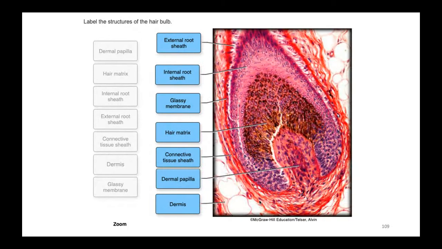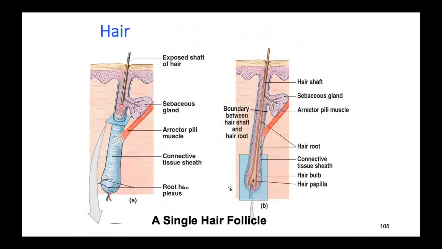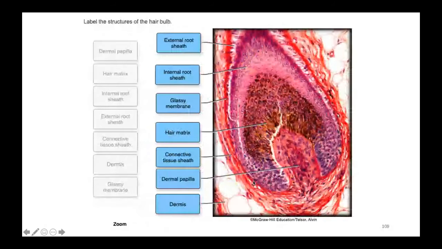Now, if we go back, in this view here, we're looking at this section down here, right? We're taking what's in this box, see the hair papilla, and now we're looking at it here. So here, way at the bottom, is the dermis. Here is the papilla, the dermal papilla. This is the connective tissue sheath.